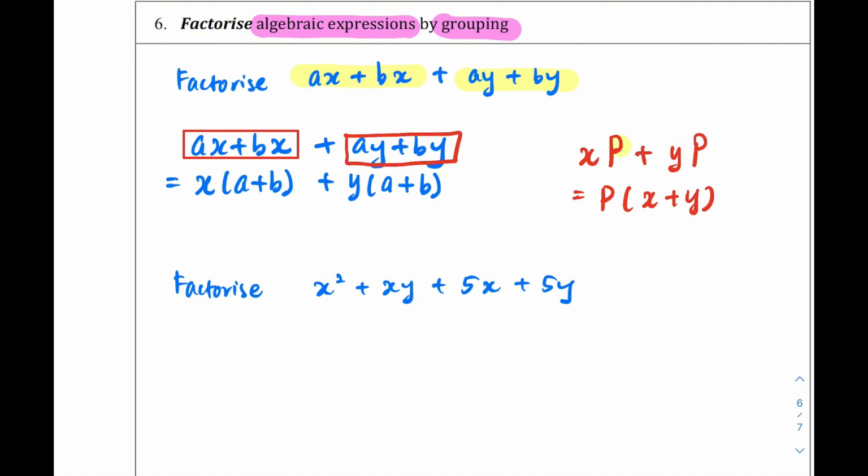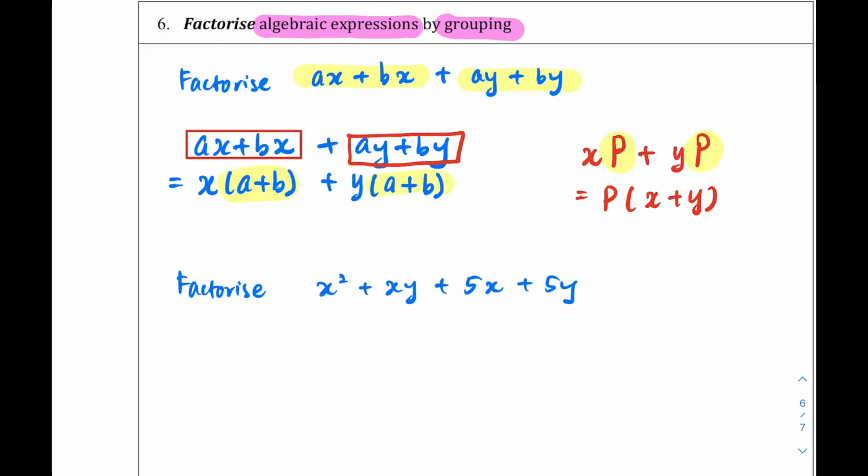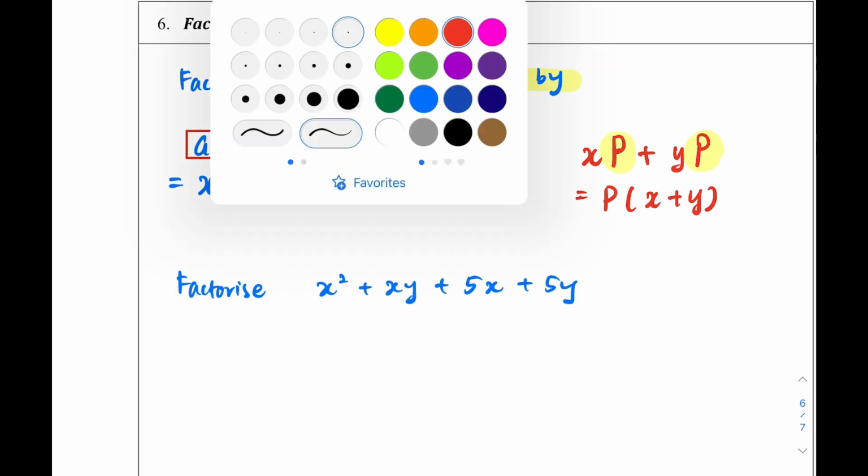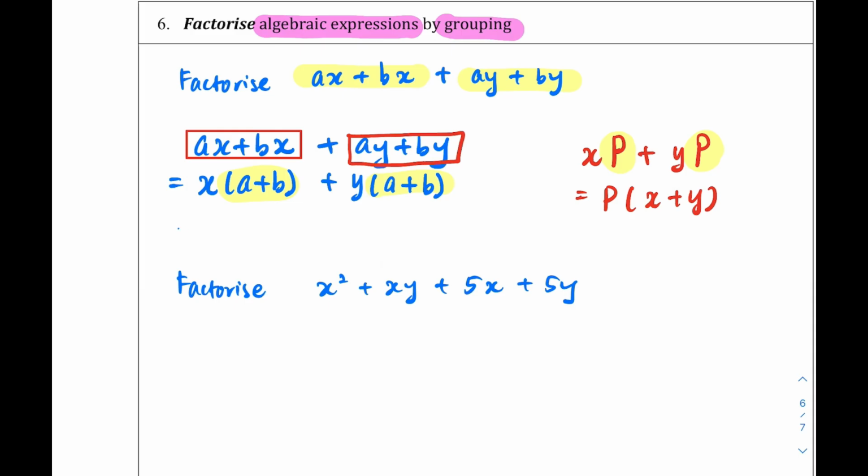Do you notice that p can actually be replaced by a plus b? So if we replace p by a plus b, then we can also factorize by extracting the p, which is a plus b, and what we would have left in the bracket is x plus y.